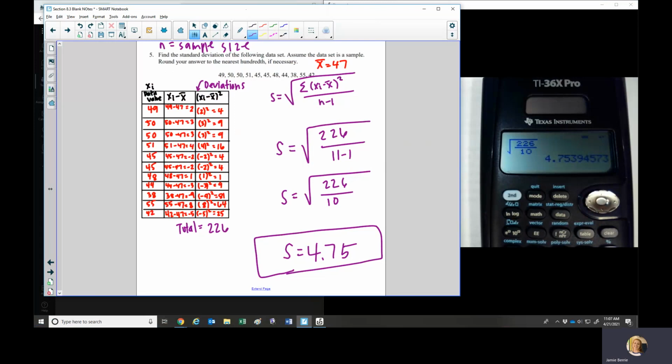I know that that's hard. It's not easy. I took this problem off of the homework. I would not put this many data values in the data set whenever I ask you to calculate the standard deviation on the test. On the test, I'll probably put like 5 data values. This one has 11 data values, so it was a lot more to calculate.